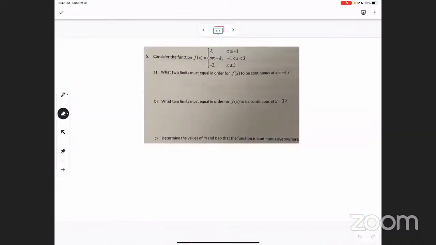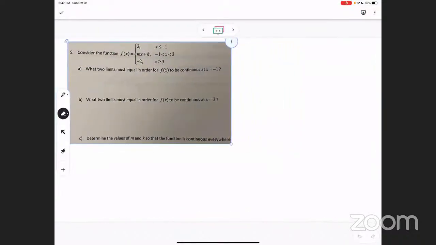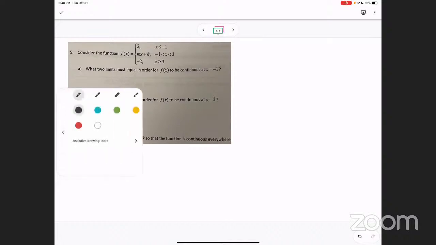Next question says, consider this function. What 2 limits must be equal in order for f of x to be continuous at x equals -1? Do you know the answer to that? No. So is it just like the limit coming from the left and the right? Yep.